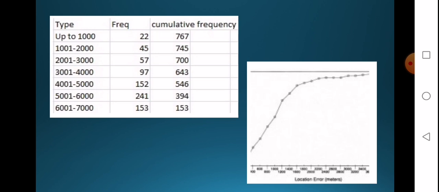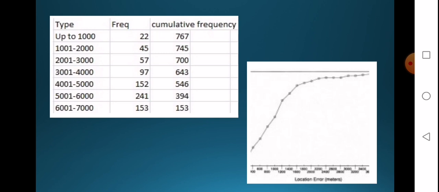A cumulative frequency doesn't have to just include everything less than something. In the table, you could also start the cumulative distribution from the bottom.